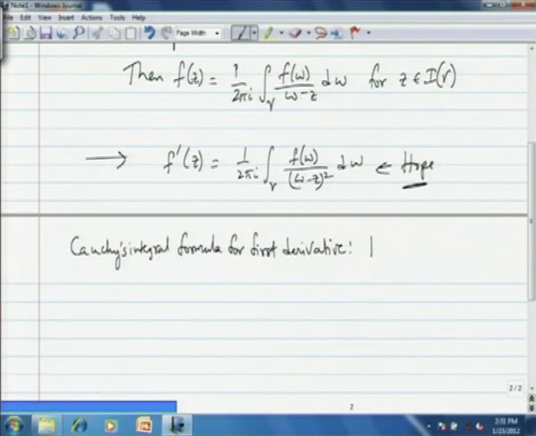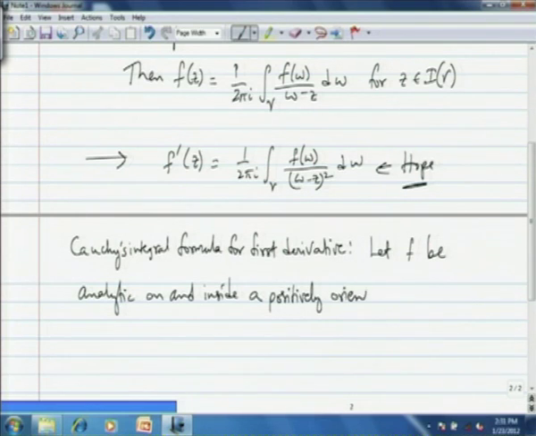Okay. So, here is the setup once again. Let f be analytic on and inside a positively oriented simple closed curve gamma, and let A belong to the inside of the simple closed curve gamma.